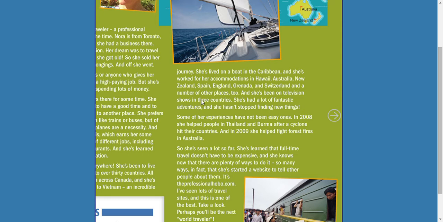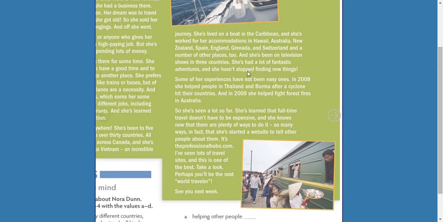She's lived on a boat in the Caribbean, and she worked for accommodations in Hawaii, Australia, New Zealand, Spain, England, Grenada, and Switzerland, and a number of other places too. And she's been on television shows in 3 countries. She had a lot of fantastic adventures, and she hasn't stopped finding new things.